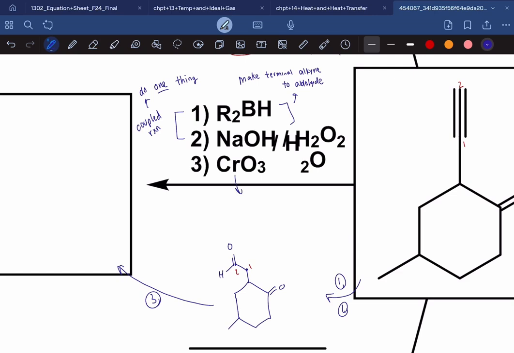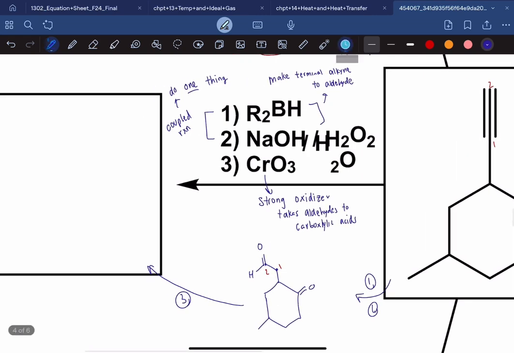Chromium CrO3. This is a strong oxidizer, right? Strong oxidizer. And what does this do? This takes aldehydes to carboxylic acids. So you recognize that this is an aldehyde?